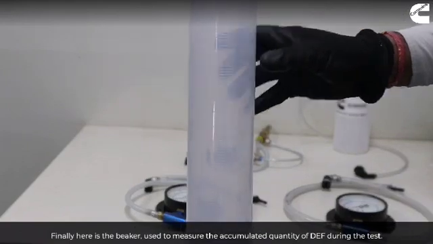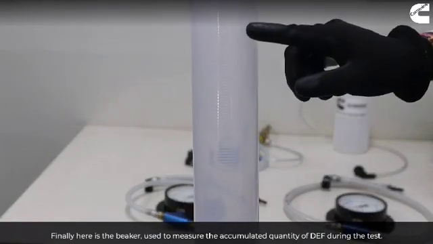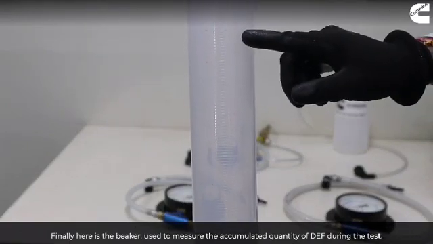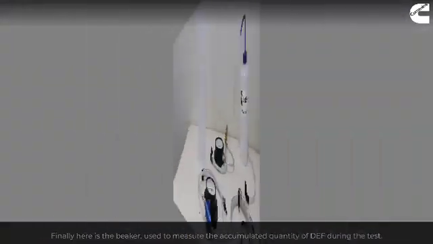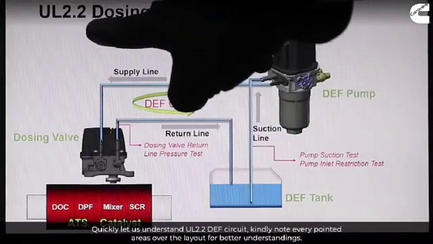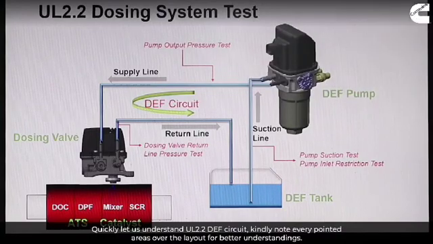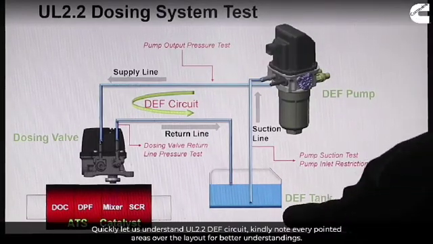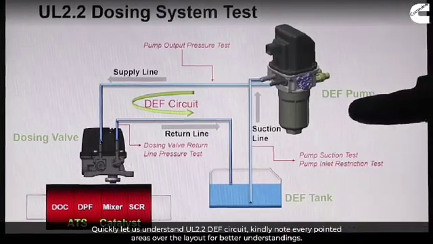Finally, here is the beaker, used to measure the accumulated quantity of DEF during the test. Quickly, let's understand the UL 2.2 DEF circuit. Kindly note every pointed area over the layout, for better understanding.